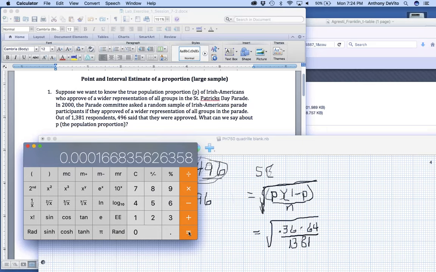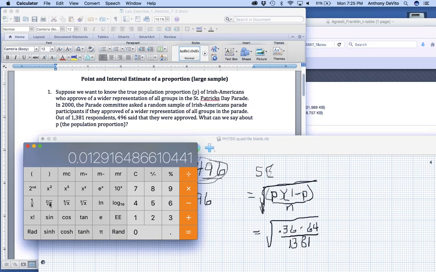Now, it looks like a very small number, but the square root is the number which, when multiplied by itself, will give you that number. So the square root is actually, in the case of a fraction, larger than the square. So when I take the square root of this, it becomes a bigger number.